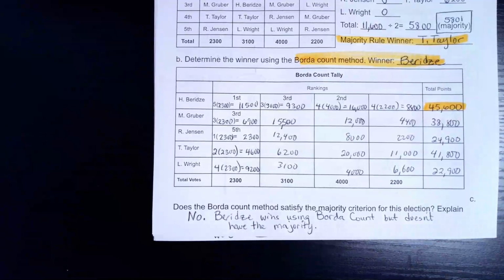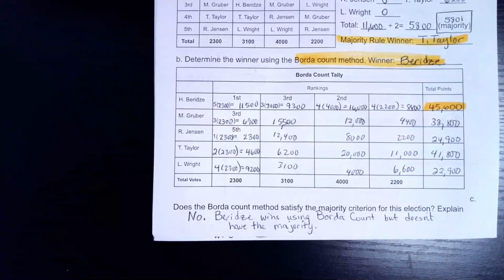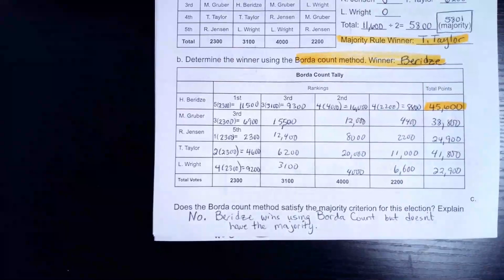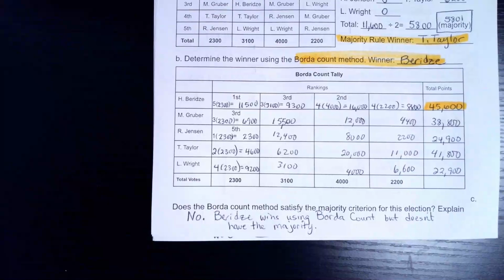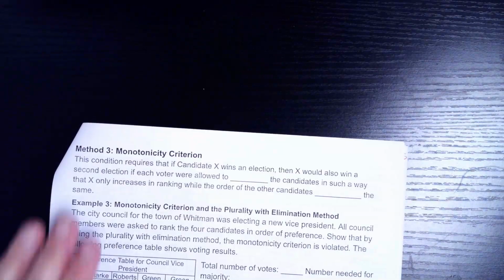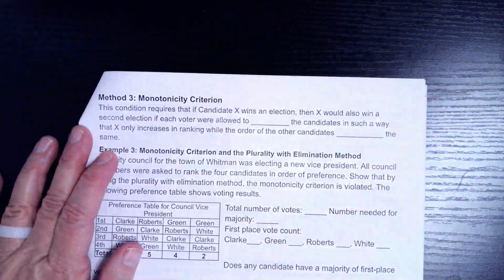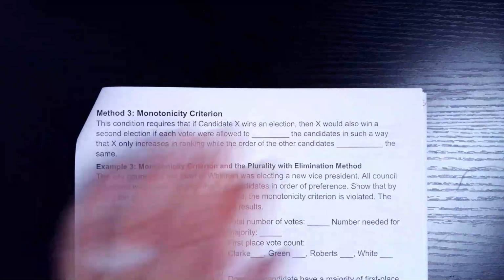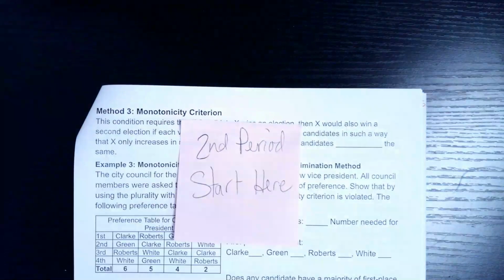My candidate had the majority, but whatever. So it gets kind of heated because there are different ways to vote, different things to consider. All right, we have gone past time because there are no bells. So we will start here tomorrow.